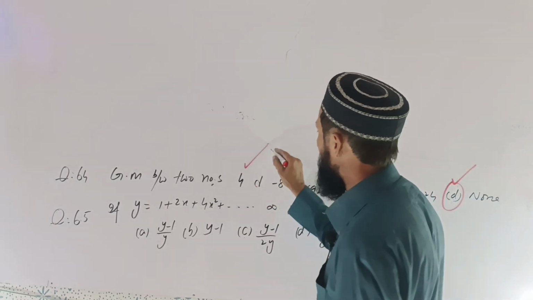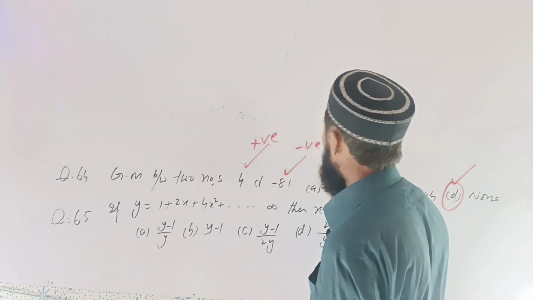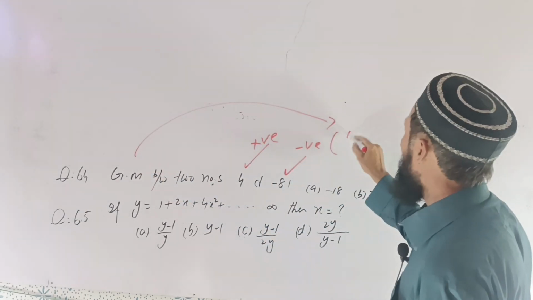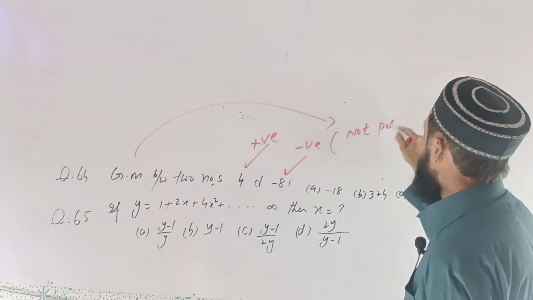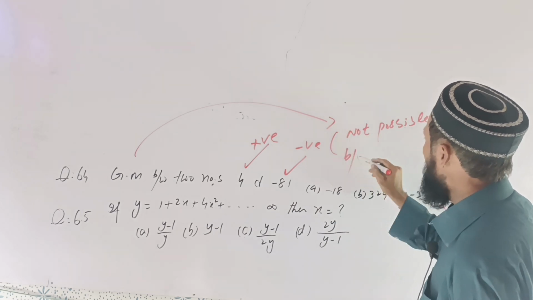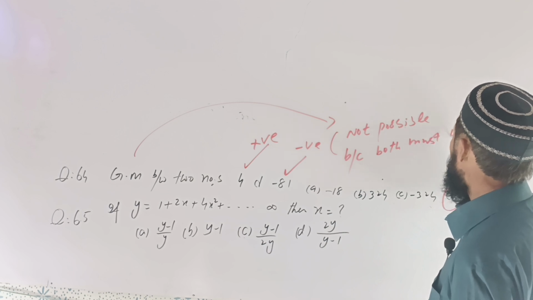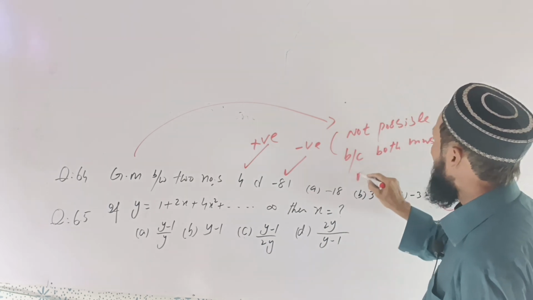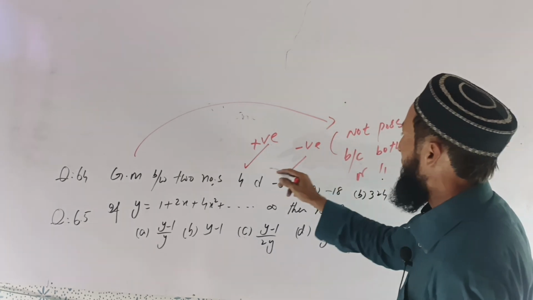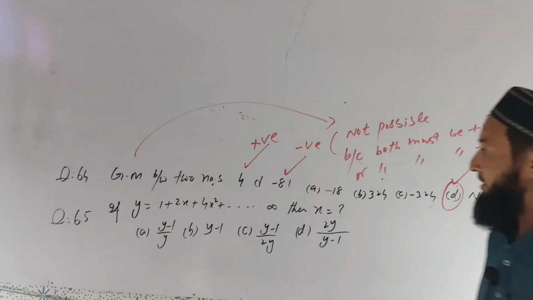Here one is positive and the other is negative, and in the geometric mean this is not possible, because both must be positive or both must be negative. But here one is positive and one is negative, so none of these is the correct answer.